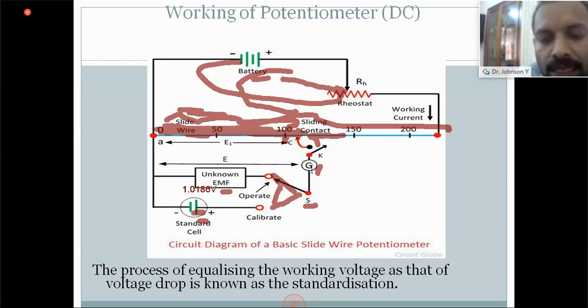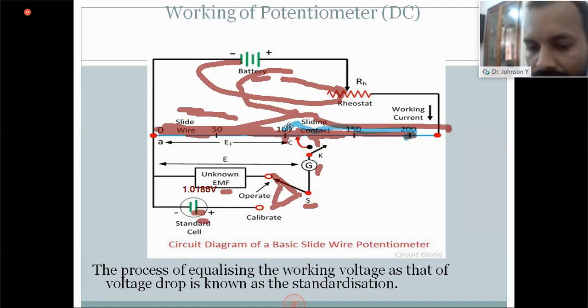At that time, the galvanometer one side is the unknown EMF and the other side is the slide wire contact, and we move the slide wire from O as earlier, and when it reaches a particular value, suppose the galvanometer current is 0. Then we come to a conclusion that the unknown EMF is the voltage drop across this slide wire up to that point. So that is the method of working.